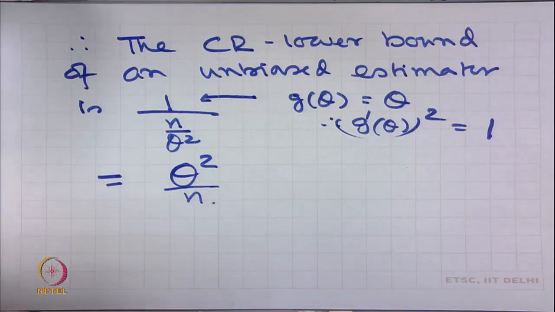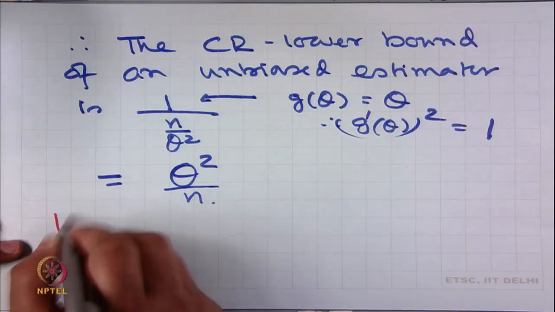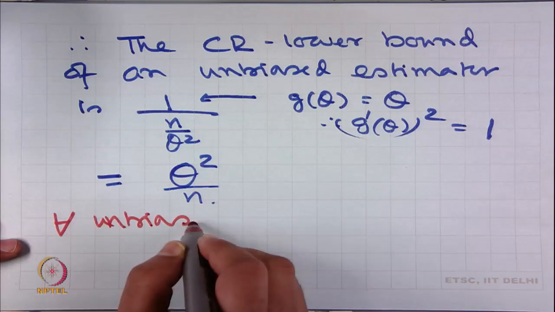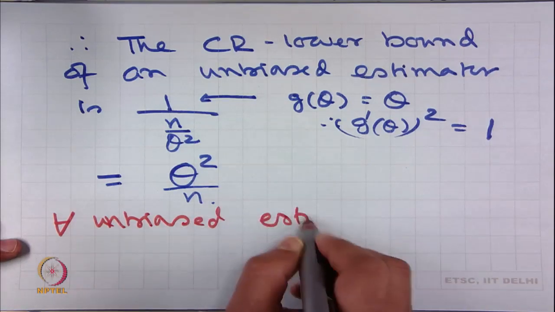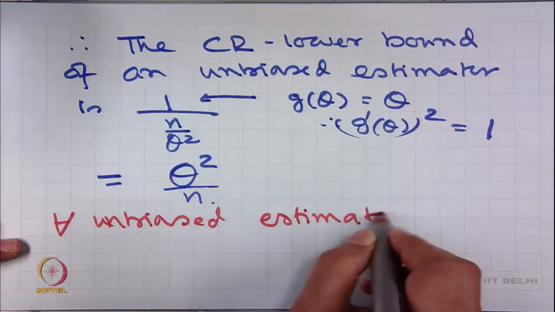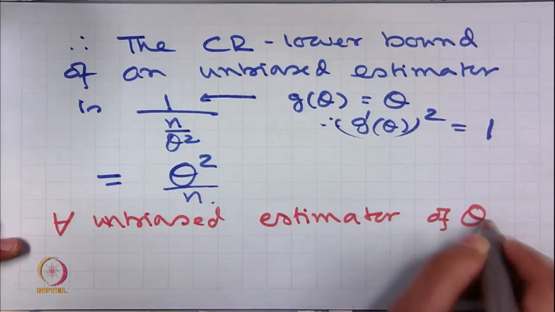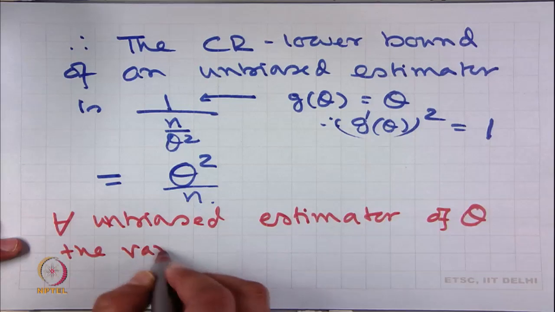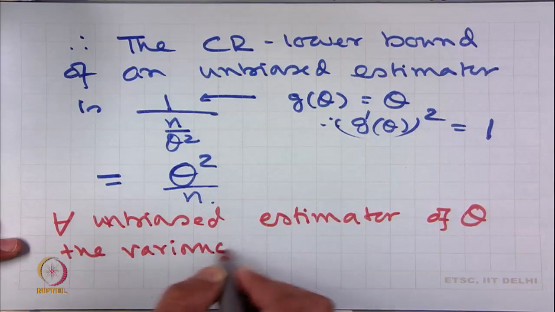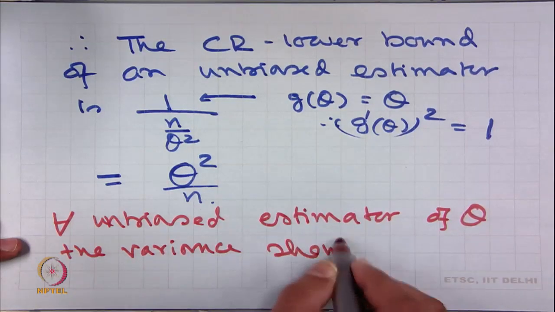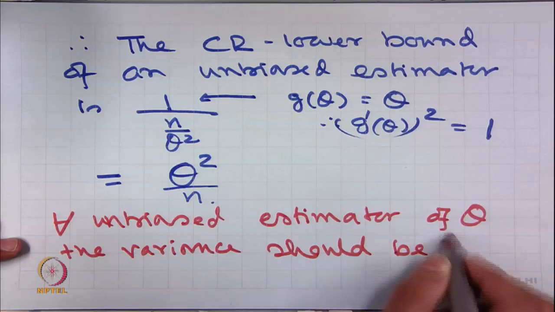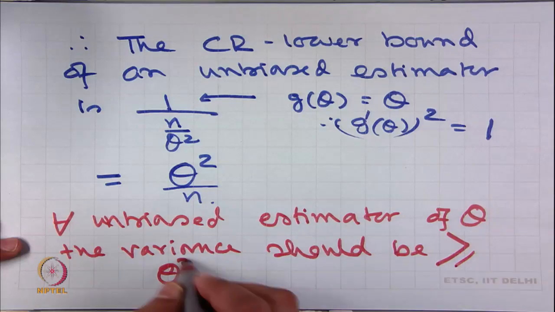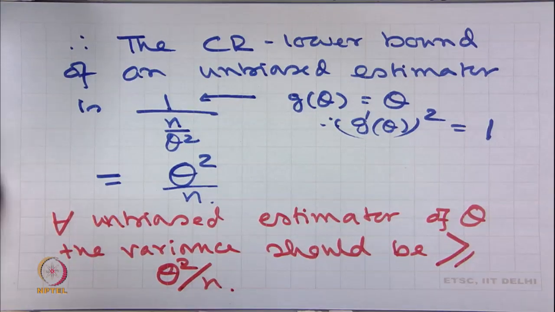Therefore, for all unbiased estimators of theta, the variance should be greater than or equal to theta square by n.